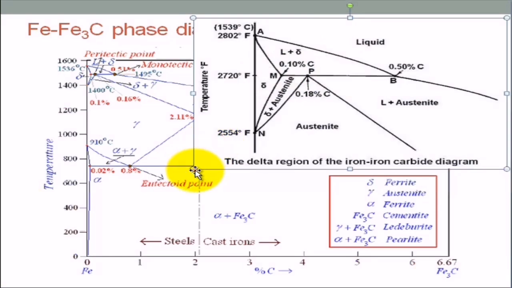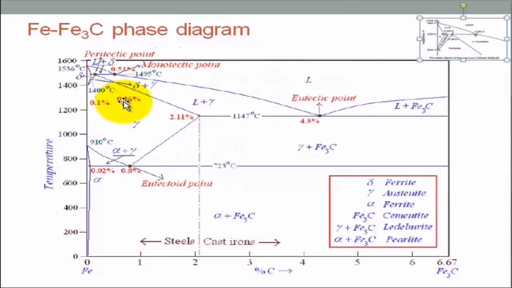So it can be seen that the eutectic reaction takes place at a temperature of 1148 degrees centigrade. The eutectic point is at 4.3 weight percentage of carbon on the eutectic temperature line. Whenever an alloy passes this line, the eutectic reaction must take place.